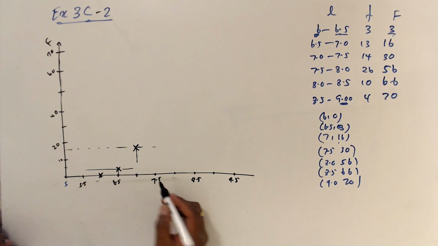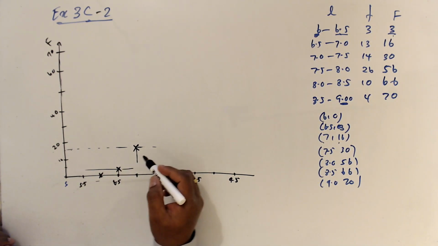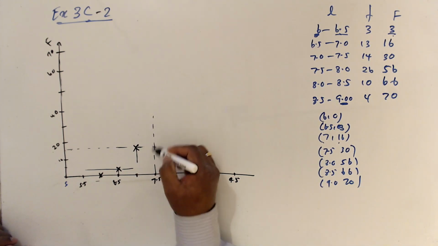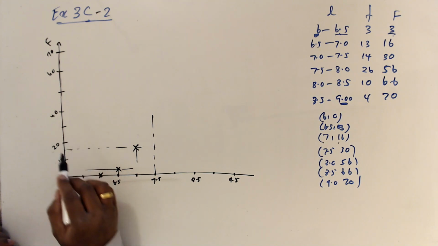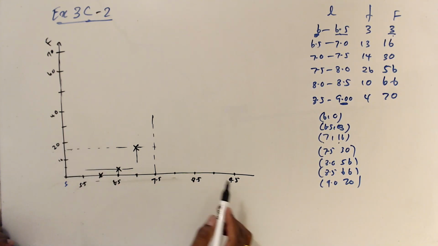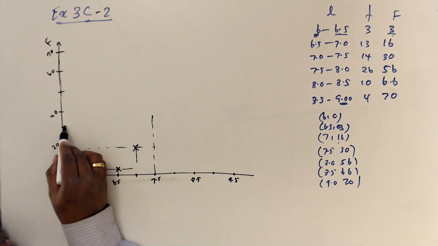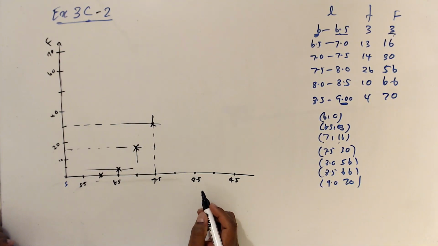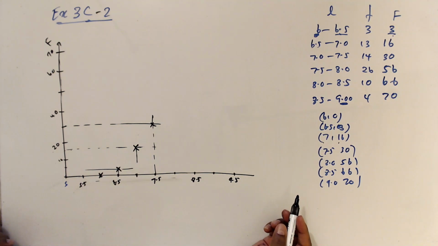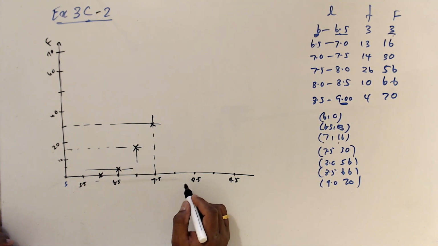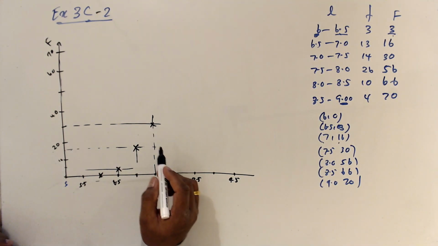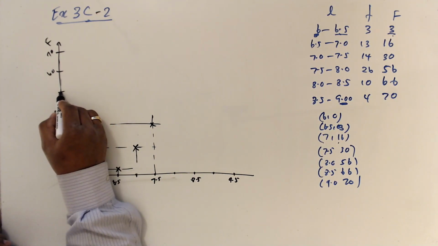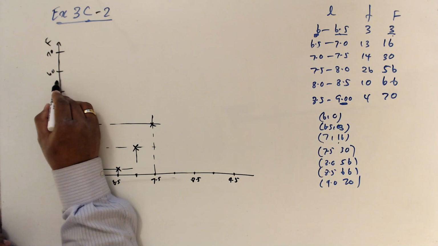And 7.5. 7.5 is 30. And 8 is 56. So this is 50, 55, 56 somewhere.